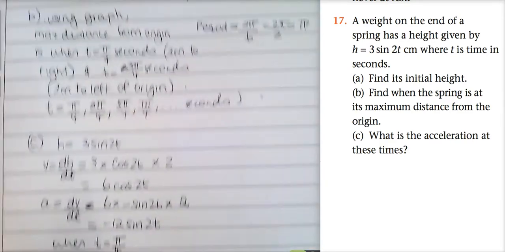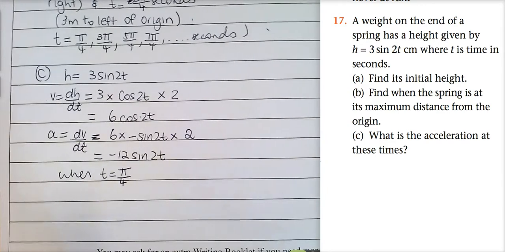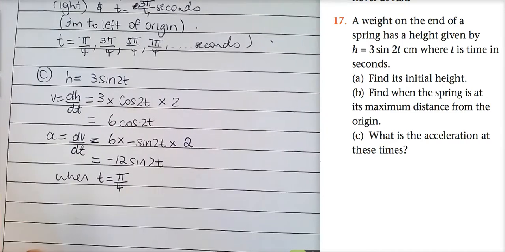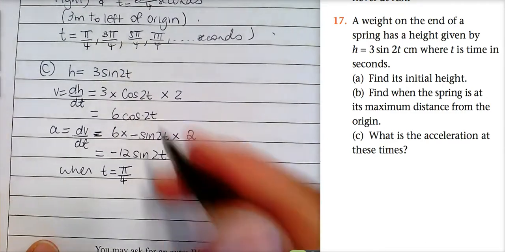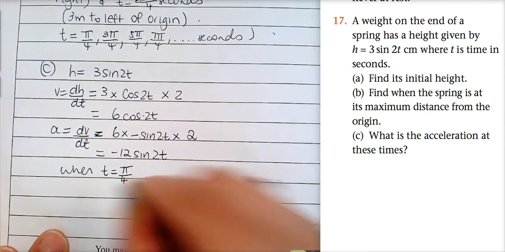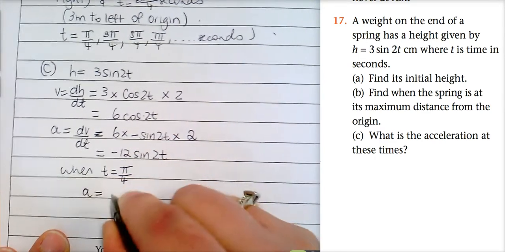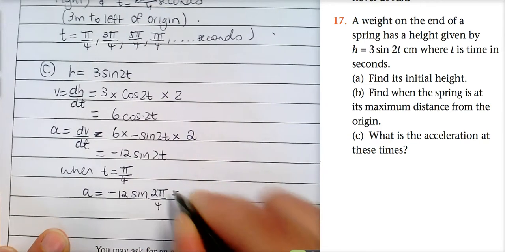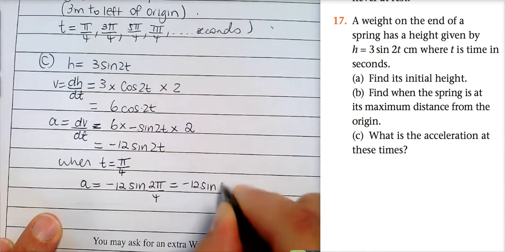Guys, that's why I'm referring to the graph, because it'll help you with interpretation questions later. I know I'm sort of sidetracking, but often the questions aren't just so straightforward. They'll require interpretation. So when t is pi on 4, the acceleration is negative 12 sine 2 pi on 4. That's negative 12 sine pi on 2.